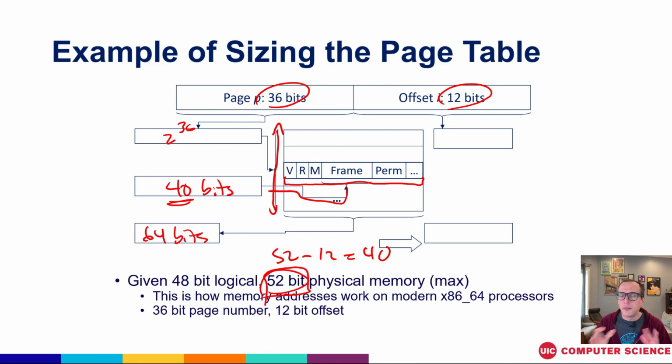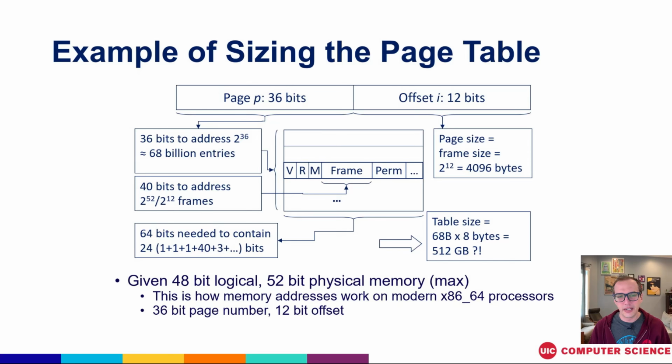You don't need to memorize these types of things, but it's important to remember that it's not just the default, it's required. If you're going to be using a 64-bit machine in its standard addressing mode and not some old compatibility mode, it's going to have a 64-bit page table entry. So the width of the table is 64 bits, 8 bytes. The height of the table is going to be 2 to the 36 entries.